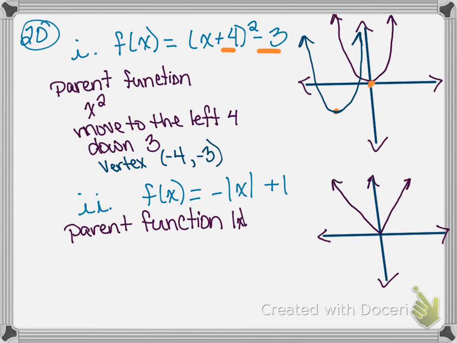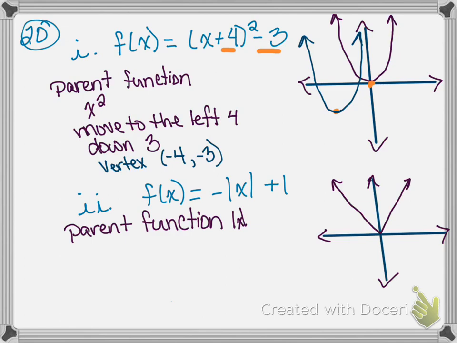Now, what is happening here, our original, is f of x equals negative absolute value of x plus 1. So what's happening here is we are reflecting this across the x-axis, so we're flipping it, and then we are moving it up 1.